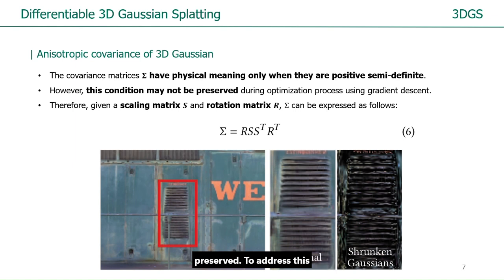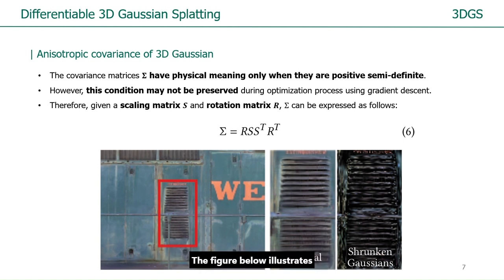To address this issue, the covariance matrix is parameterized using a scale matrix S and a rotation matrix R. As shown in the equation, sigma is expressed as R S S transpose R transpose, which guarantees a valid covariance representation during optimization.